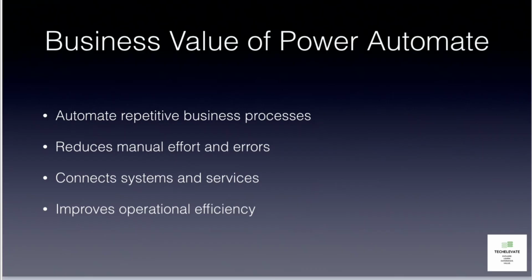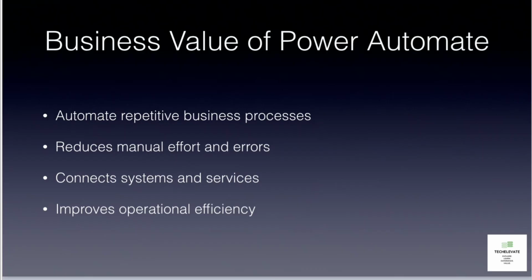Business value number 7, scalable and flexible automation. Power Automate workflows can be easily modified, reused across departments, and scaled as business needs grow. Businesses can start small, automating one task, and gradually expand automation across the organization without re-engineering entire systems.